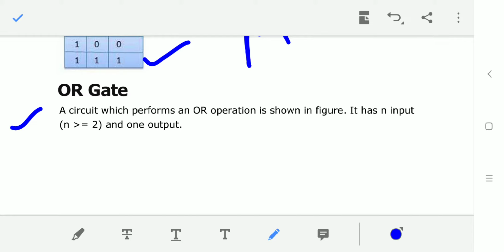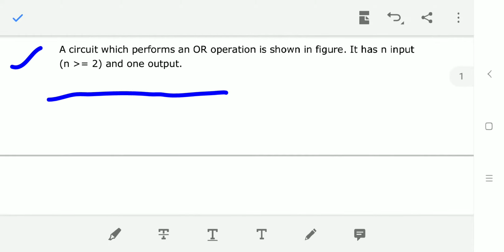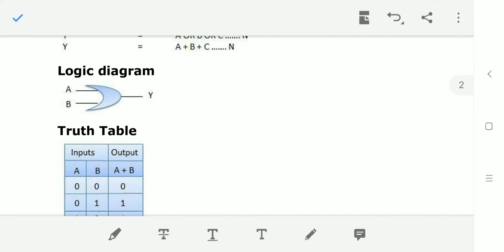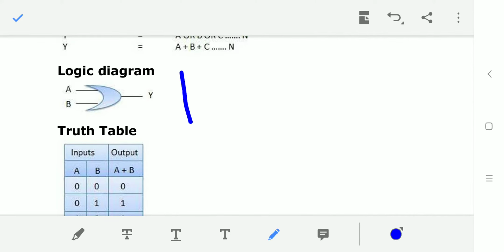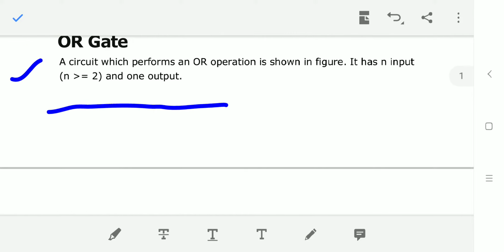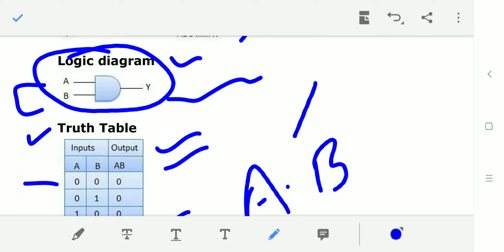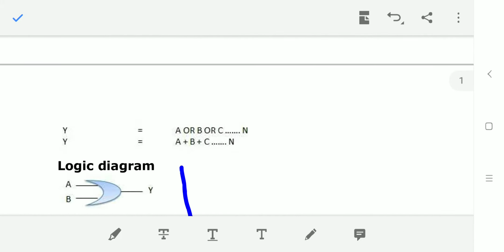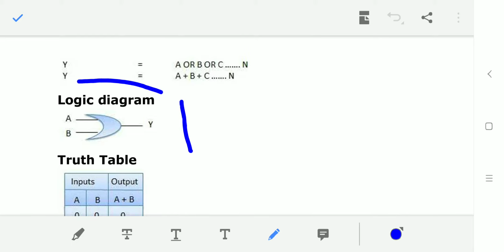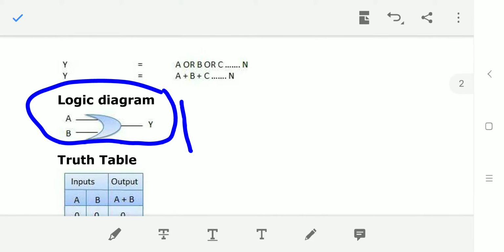It has n inputs, n is greater than or equal to 2, and only one output, same as AND gate. ये इसका जो लॉजिक डायग्राम होता है, और ये आपने AND का लॉजिक देखिए, थोड़ा सा डिफरेंस है इसके अंदर. ये AND का लॉजिक डायग्राम है, ये वाला AND लॉजिक डायग्राम, and this is the OR logic diagram. तो आप डायग्रामों से देखकर भी डिफरेंस कर सकते हैं कि भाई ये कौन सा है और ये कौन सा है.